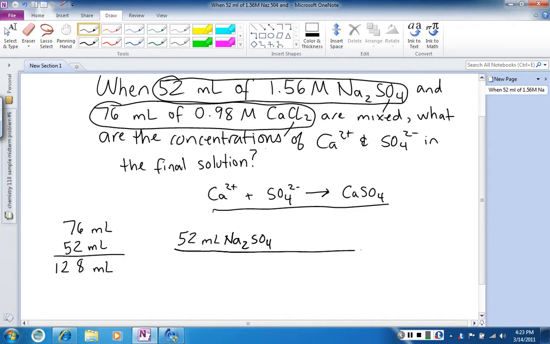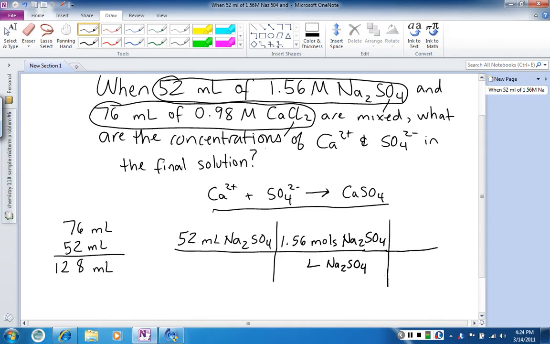Okay. The concentration is 1.56 moles Na2SO4 per liter.